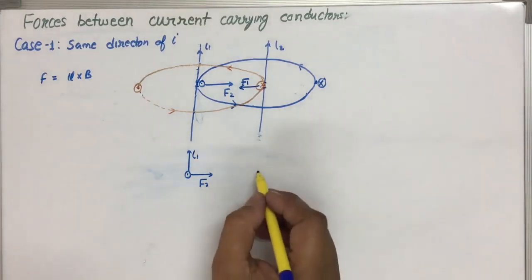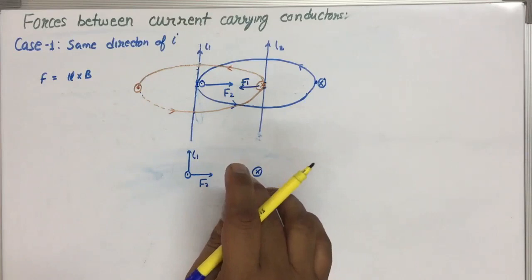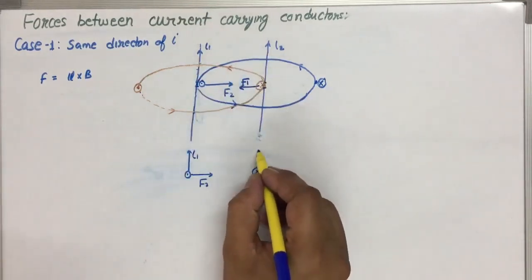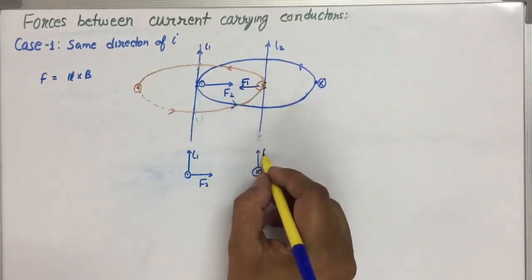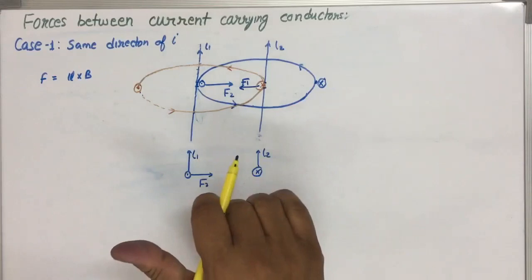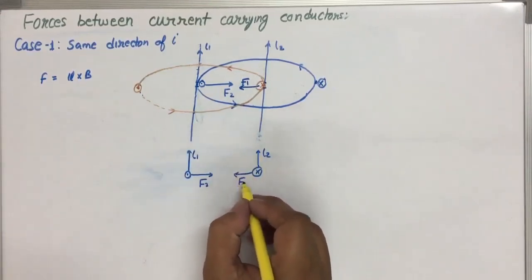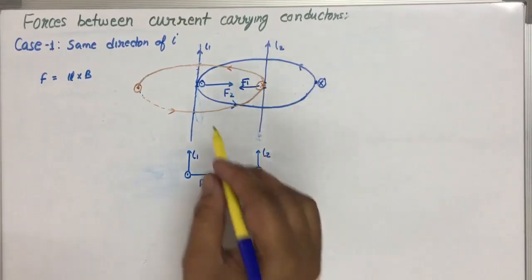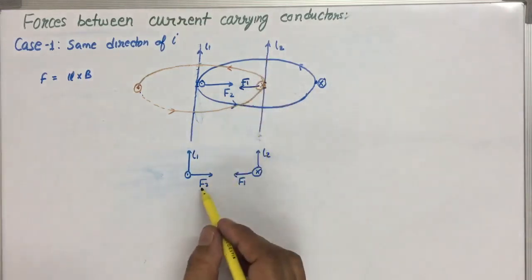And at this point, when the field is downward, the current is in this direction, then this is I2, this will be the force direction, that will be F1. So at this element, the force that is acting is F1, and at this element, the force due to this is acting, F2.